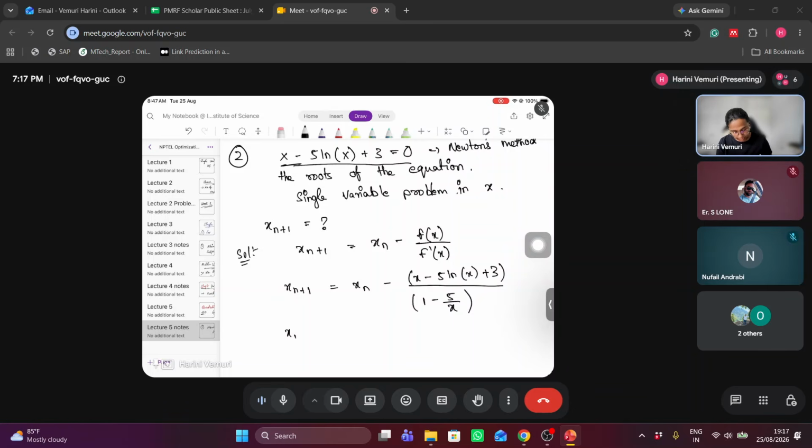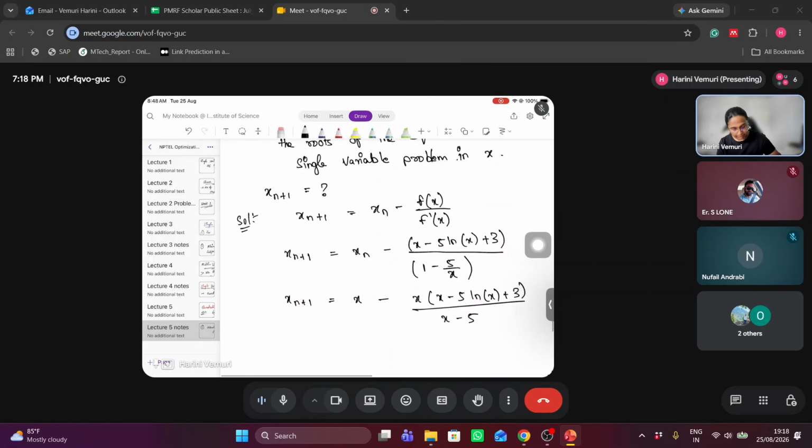So x_{n+1} equals, I'll just keep it as x for now, x into (x minus 5 ln x plus 3) divided by (x minus 5).